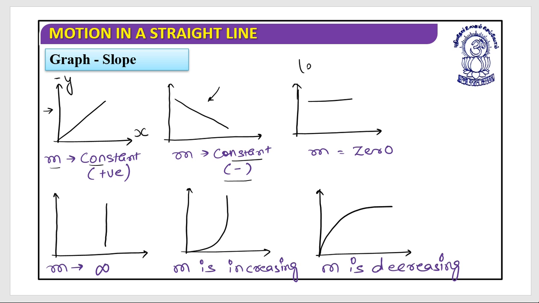In the third situation, the slope is 0. In the fourth situation, the slope is infinite. In the fifth situation, the slope is increasing. And in the sixth situation, the slope is decreasing. I will keep reminding you of these things because this is very essential.